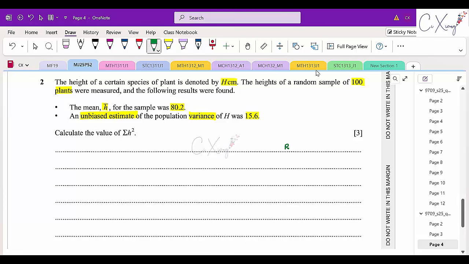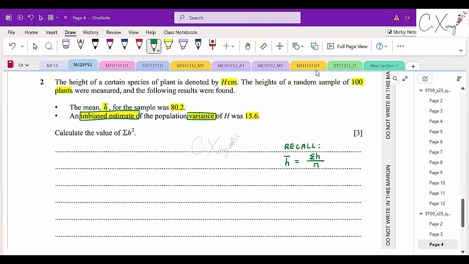Just try to recall the formulas involved here. For the sample mean, the general formula is the summation of H divided by the sample size n. And when they talk about the unbiased estimate of the population variance, there are a few formulas.